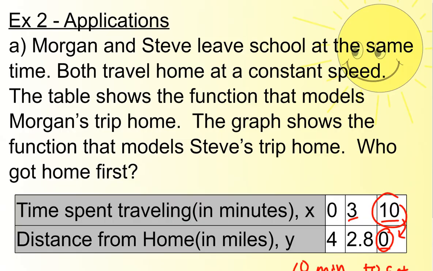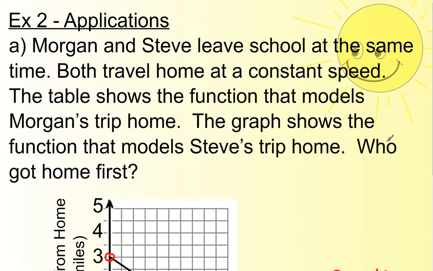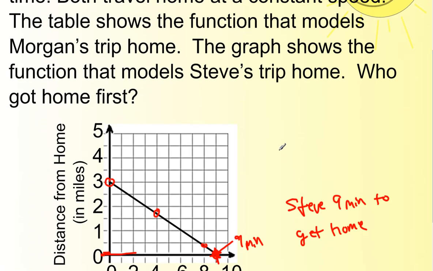And it took Morgan 10 minutes to get home. Okay, so if Morgan took 10 minutes, Steve took 9 minutes, the question is who got home first? Well, then obviously Steve got home first.